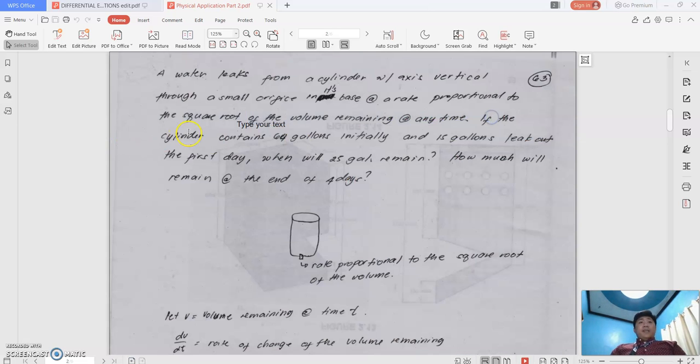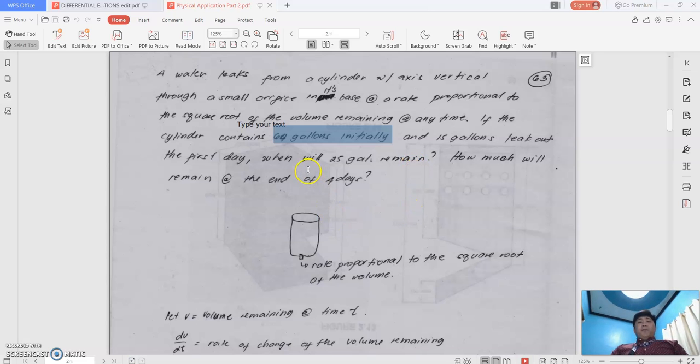If the cylinder contains 64 gallons initially and 15 gallons leak out through the orifice the first day, so 15 gallons of the volume leaked out, when will 25 gallons remain?